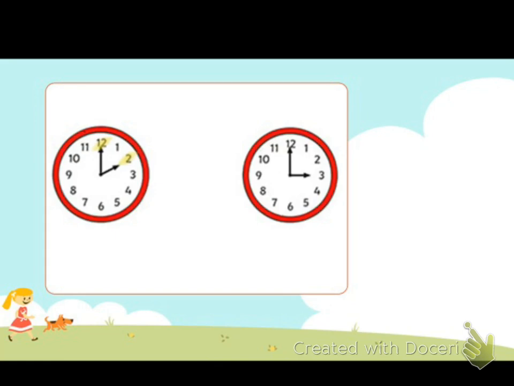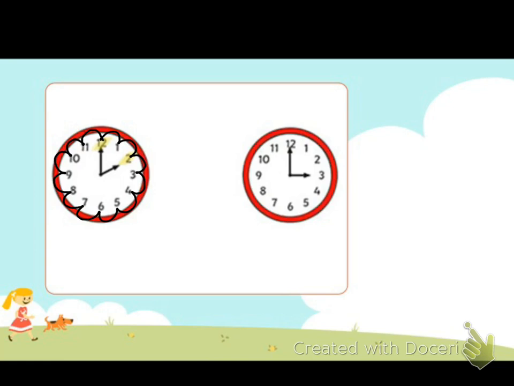Let me show you. 5 minutes, 10 minutes, 15, 20, 25, 30, 35, 40, 45, 50, 55, 60. 60 minutes. And 60 minutes is an hour. And when it is at the 12 again, we start at 0 again and counting 5s for the next hour.